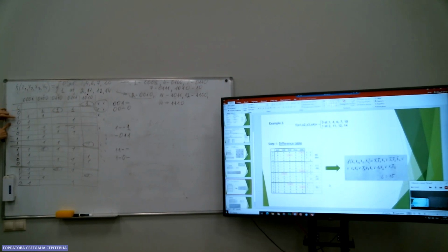And 0 0 dash 0, it is the second variant. Dash means that I don't use the row.